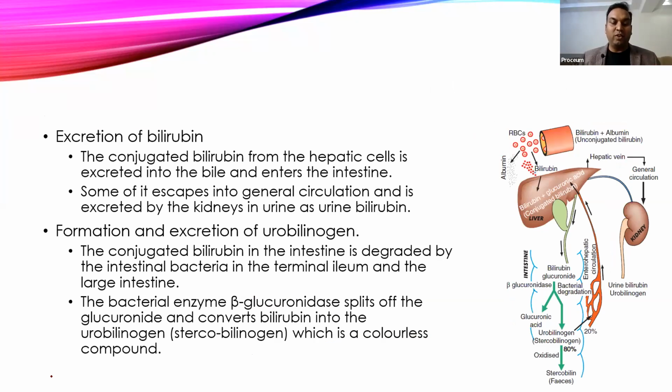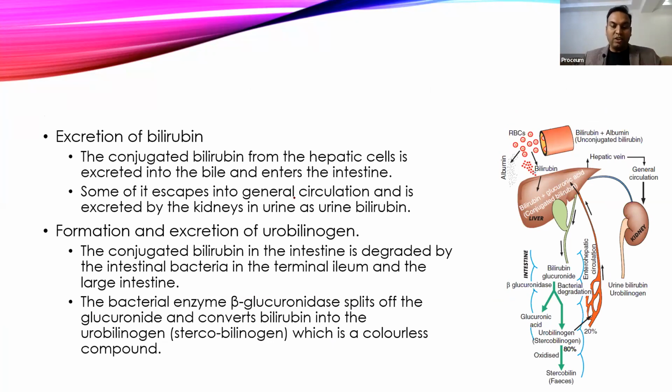This conjugated bilirubin goes into the enterohepatic circulation, that is, it is excreted in the bile and enters the intestine. Some of this goes directly to the kidney, not into the bile, and is released as urine bilirubin.